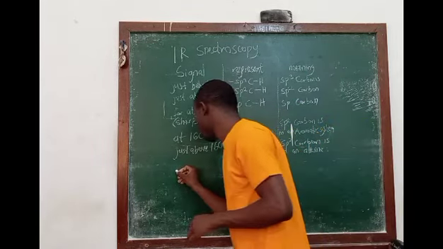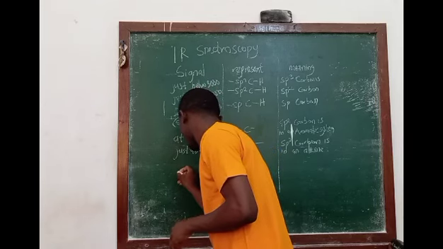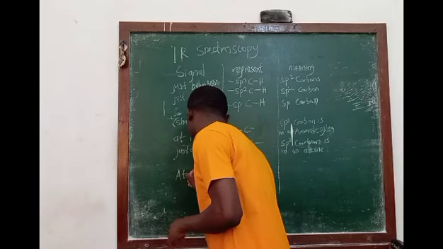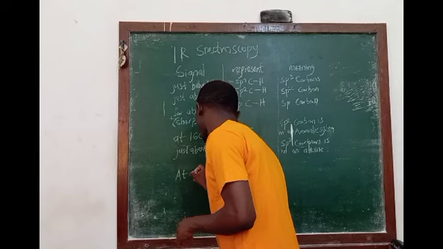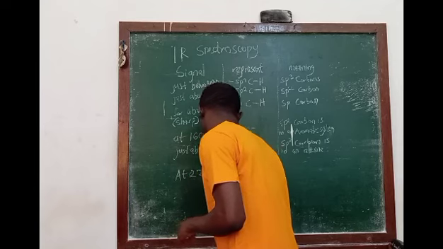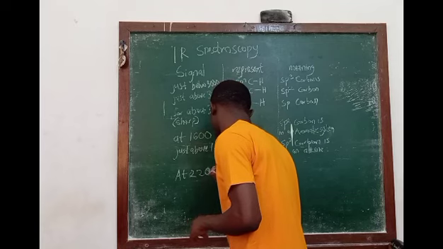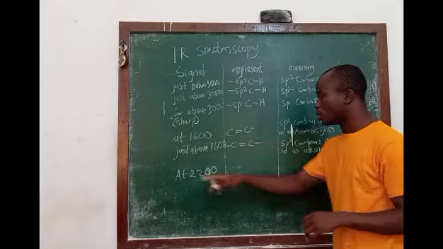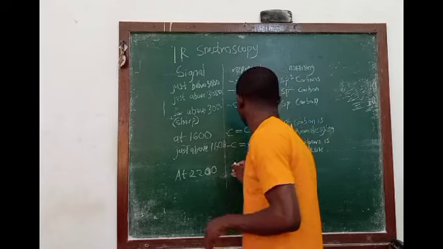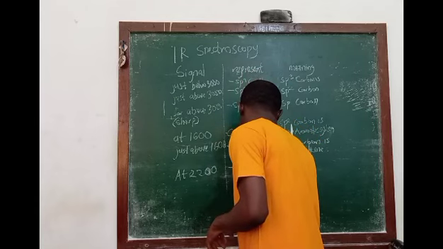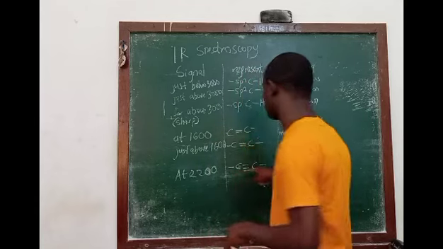And that signal, you will see a signal at around 2200, at around 2000. So a signal at 2200 represents your C≡C stretching vibration.